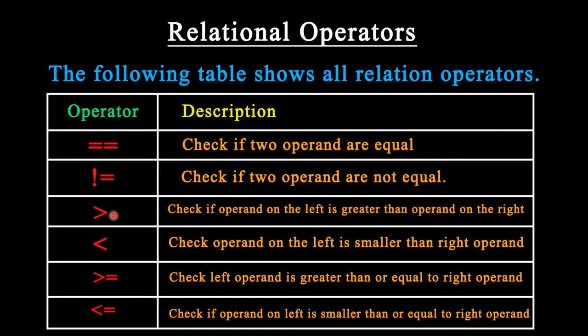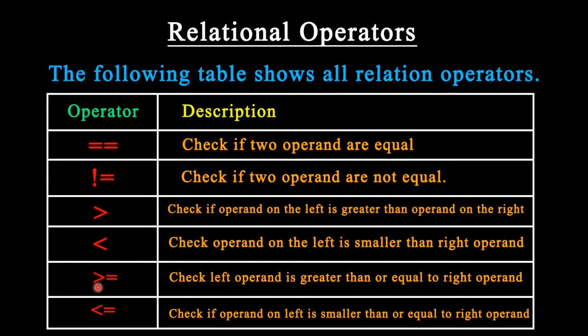Then comes the greater than operator. What it does is check if the operand on the left is greater than the operand on the right hand side. Similarly, with this smaller than operator, this is the opposite of greater than. This will check if the operand on the left side is smaller than the operand on the right side.